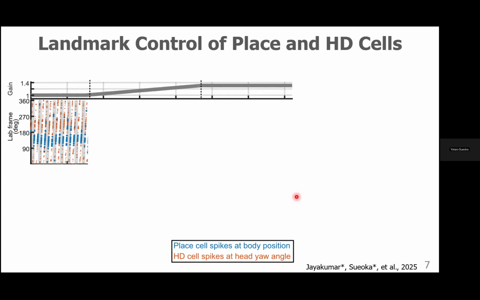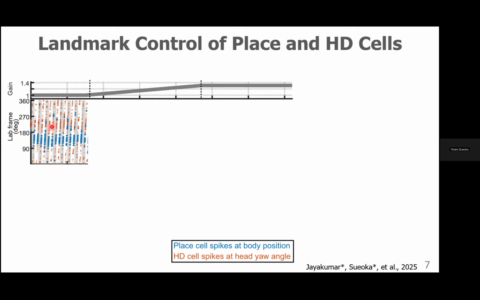The blue is a place cell, and the red is the head direction cell. Just to orient people, the x-axis is the number of laps in the lab frame, and the y-axis is the location of the animal when the spiking occurred. For place cells, I'm plotting where the animal's body position was in the circular track. And for head direction cells, I'm plotting the animal's heading direction in which spiking was observed.